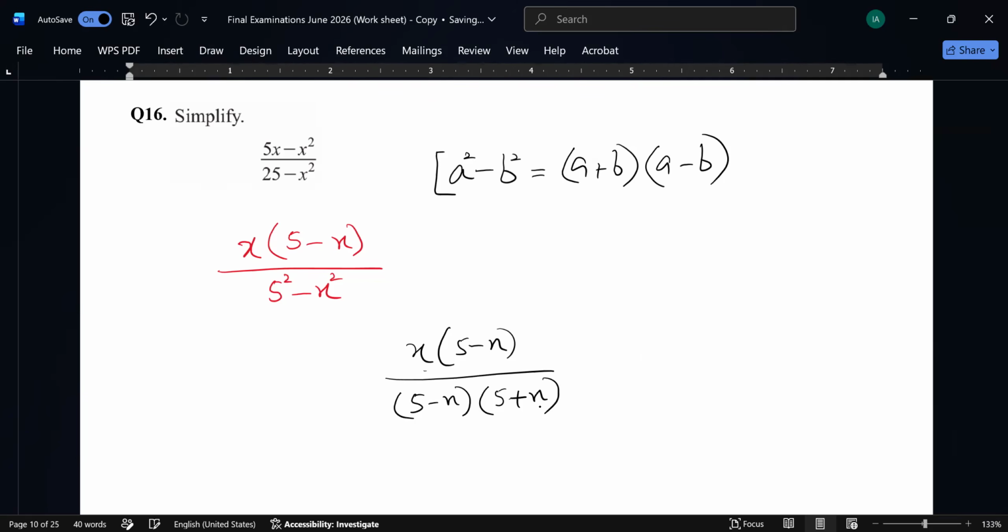But in the numerator and denominator, something is the same. That is why we may cancel it. So now we have x over 5 plus x. This is what we have after simplifying the whole fraction.